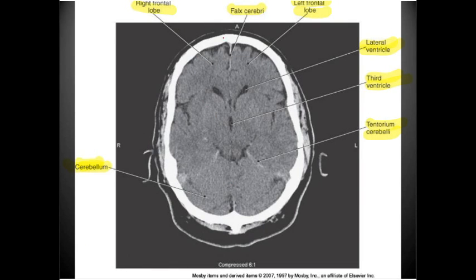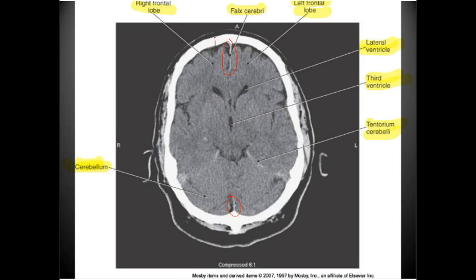Here we have this area and this area, which both are the falx cerebri. In addition, we have several parts of the skull that we must define.